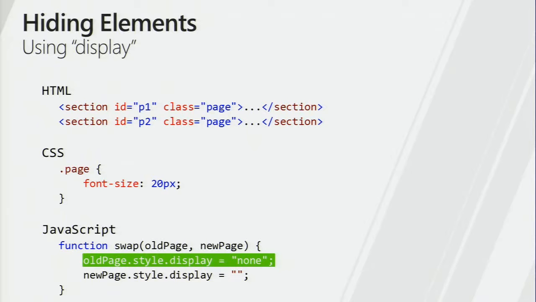In this case, if you want to hide it, you use display equal to none. So I have a swap API here that I can use to switch between two of my conceptual pages in my app. And then to show one, or really revert it back to its default state, I can set display to the empty string. Let's go take a look at how some of this works in action.